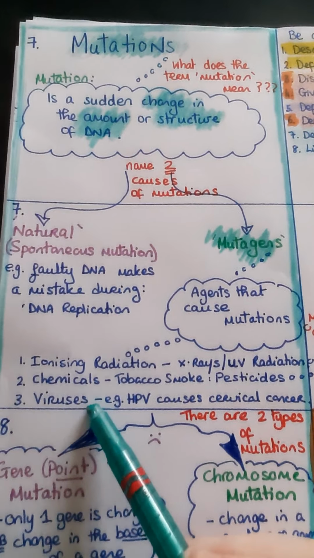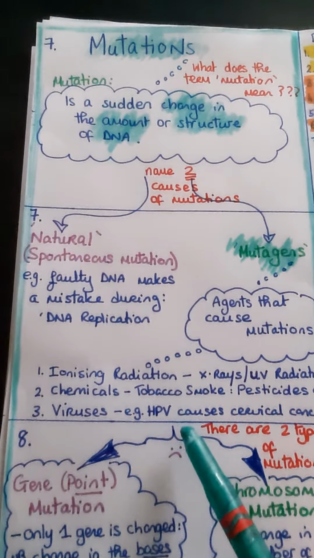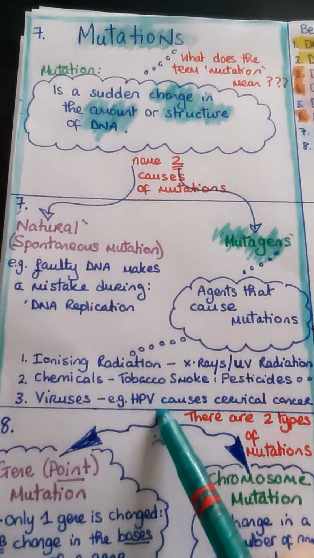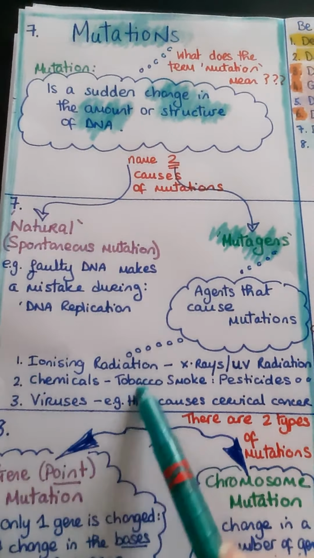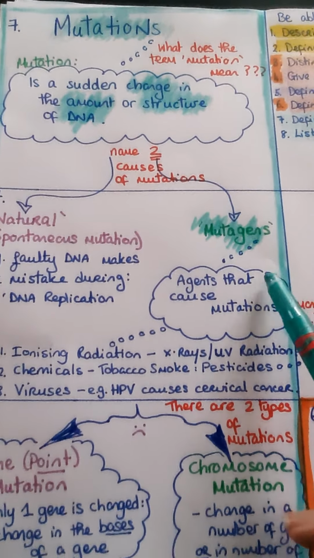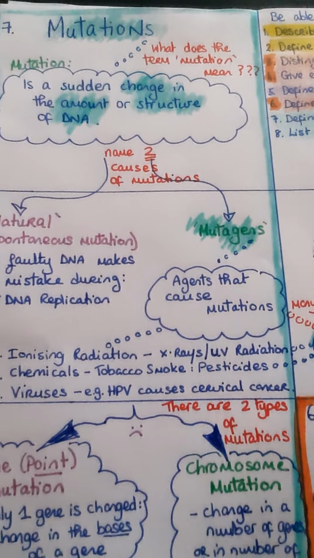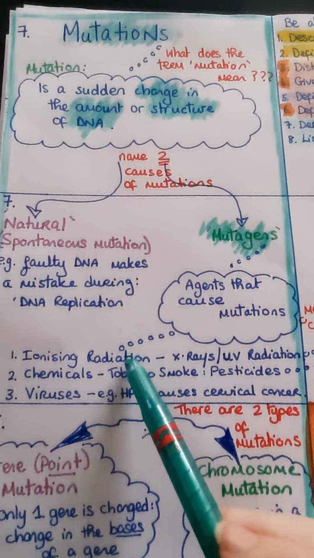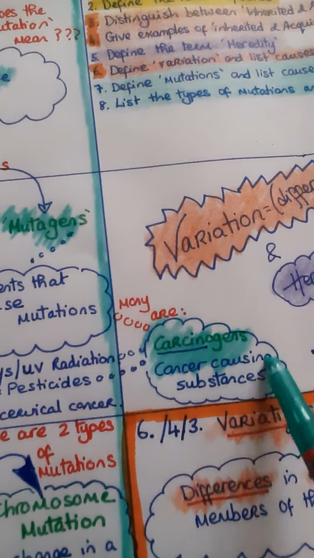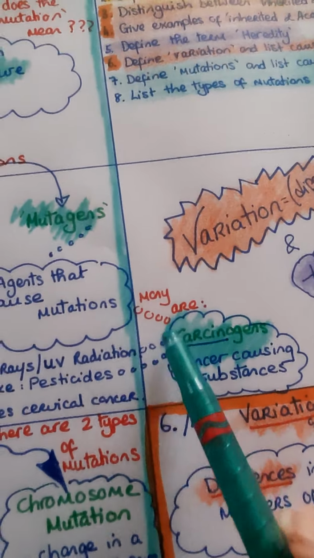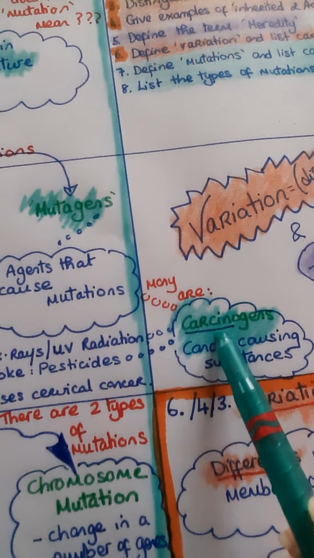And also viruses. Very topical once again was the HPV virus, which can cause cervical cancer. So any of those three things are mutagens. They cause changes in the DNA, and specifically with those three mentioned here, they get a specific name of carcinogens: they are mutagens, but they're cancer-causing agents.